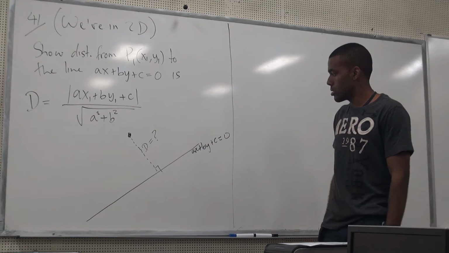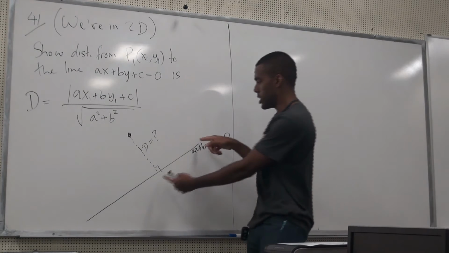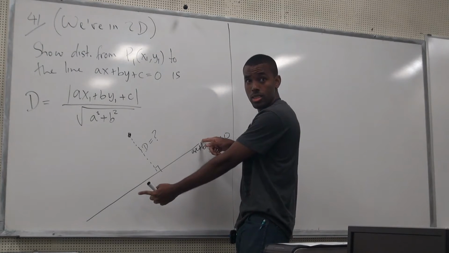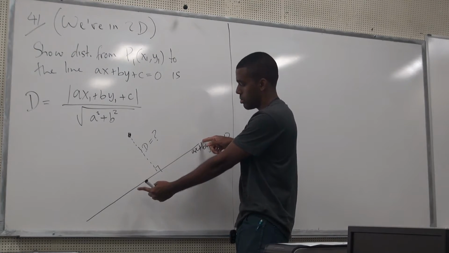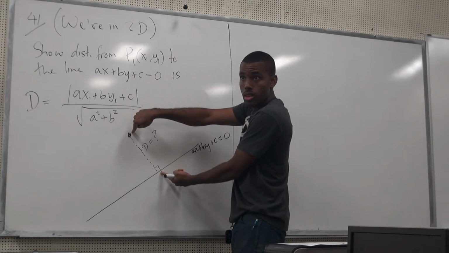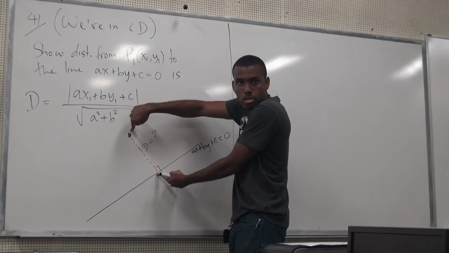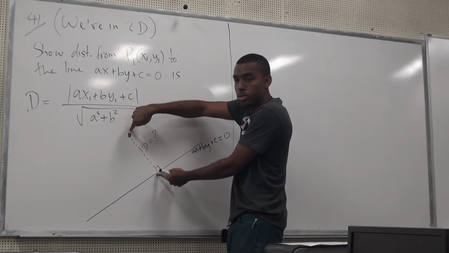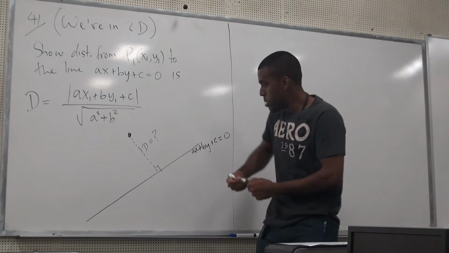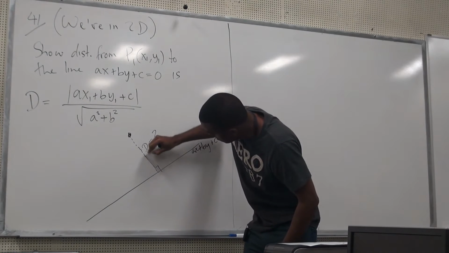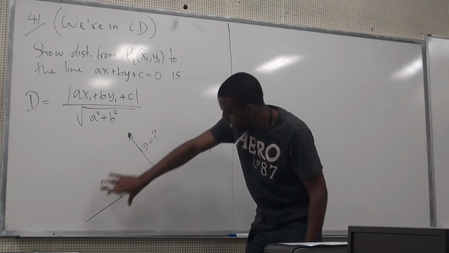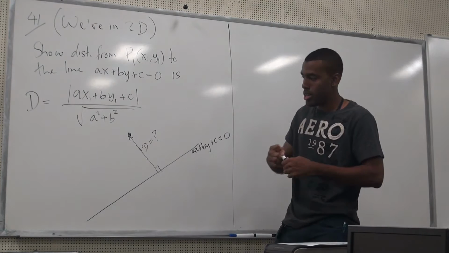The vector onto the line. If I can get a scalar projection onto this guy, I can find its magnitude. So how do I get a scalar projection on that guy? If I pretend that I could have made a vector going here and get a scalar projection onto that vector, how would I do that?